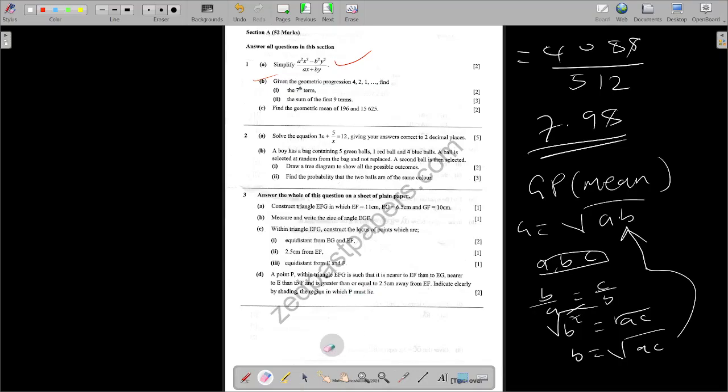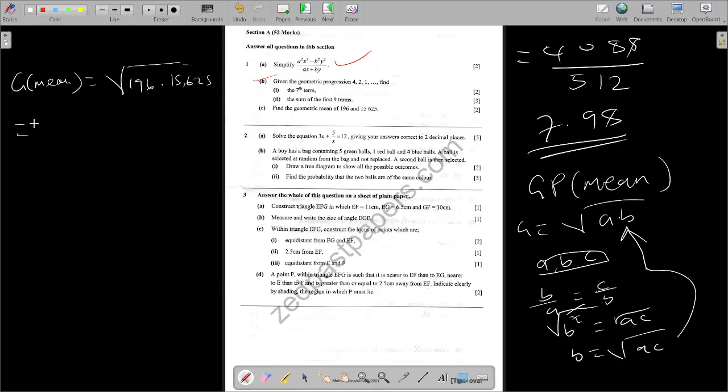Okay, so let's continue now. Let's continue solving. So the geometric mean is equal to the square root of 196 multiplied by 15,625.